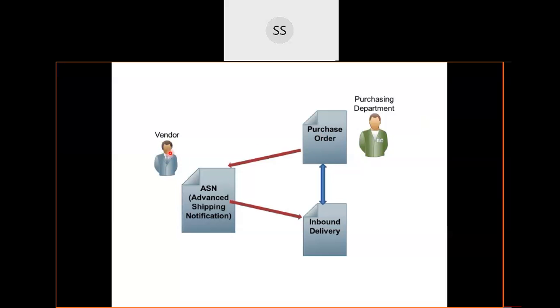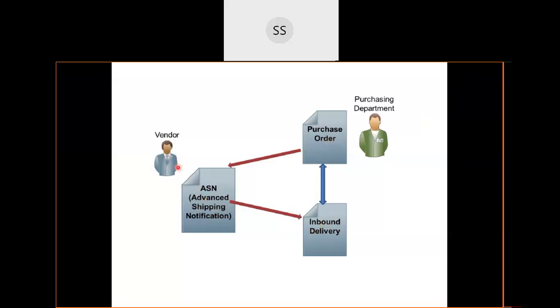Then the vendor sends an advanced shipping notification. This ASN comes through EDIs or IDOCs to our ERP system in which the purchase order was created. Now this advanced shipping notification creates an inbound delivery.